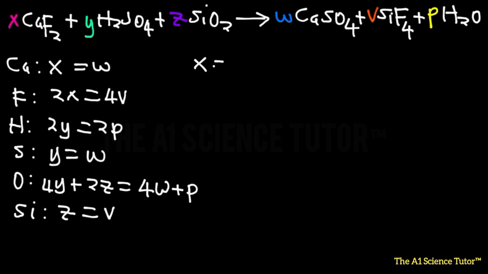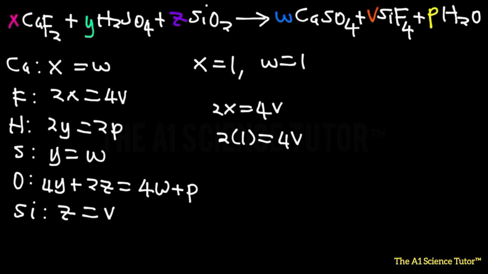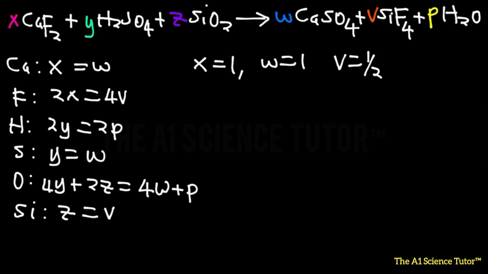So I'm going to set X to be equal to 1. Therefore, W will be equal to 1. And we have 2X is equal to 4V. So that will be 2 multiplied by 1 is equal to 4V. So 2 will be equal to 4V. And so V should be equal to 1/2. Now again, V is equal to Z from the silicon equation.